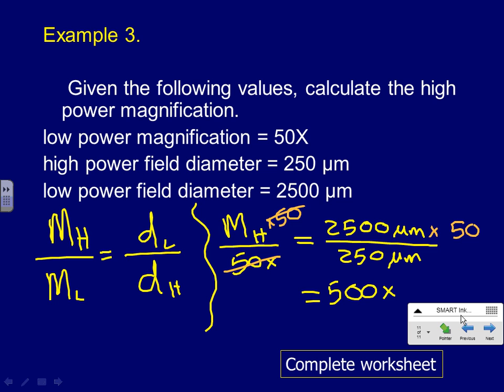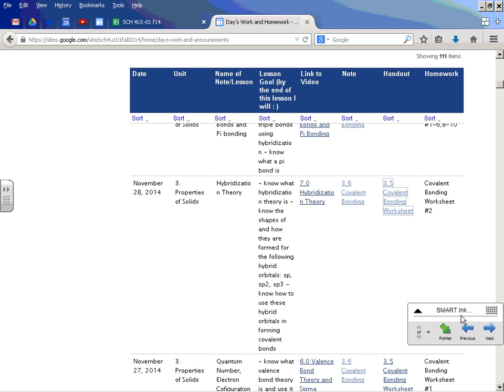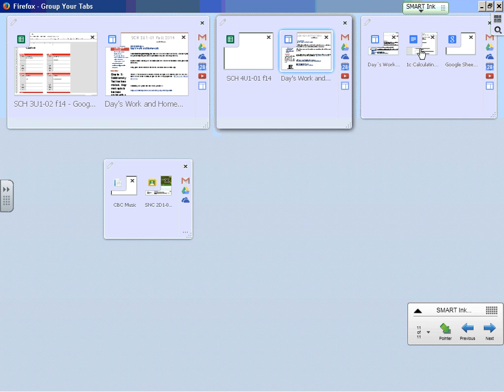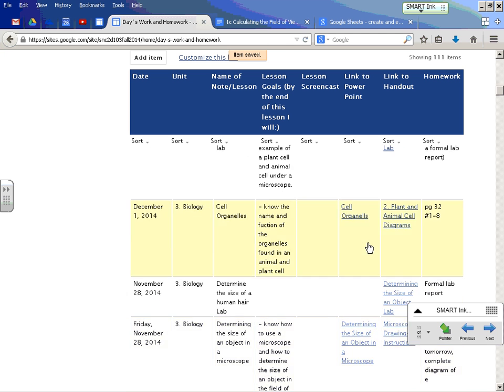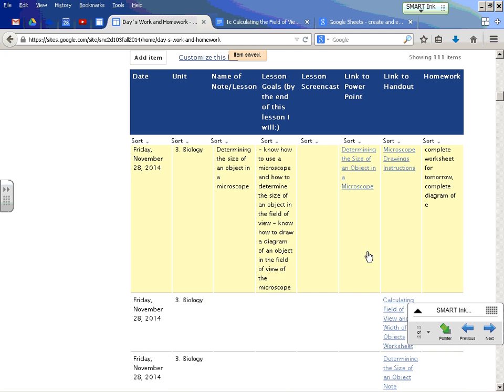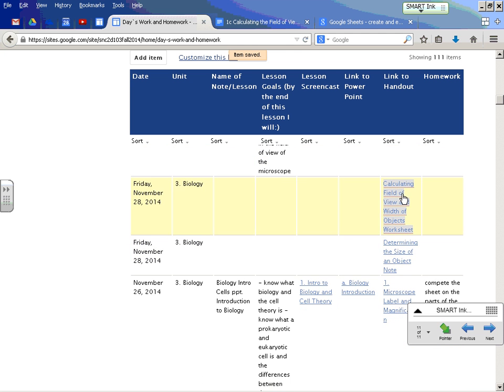Okay? All right? So just to kind of guide you to this particular thing online here, well, you guys didn't do covalent bonding. You guys did. Today's work is determining the size of an object. Where are we? Calculating the field of view and width of objects worksheet. All right? That was the note we just did.